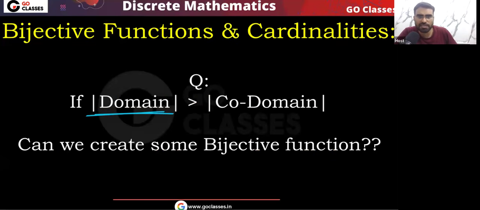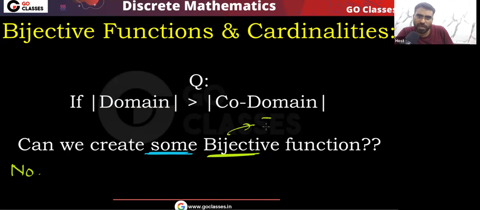If domain cardinality is greater than codomain cardinality, can you create some bijective function? The answer is no, but give me the reason. See, bijective means injective and surjective. So remember, if domain cardinality is greater than codomain cardinality, then injective is not possible.